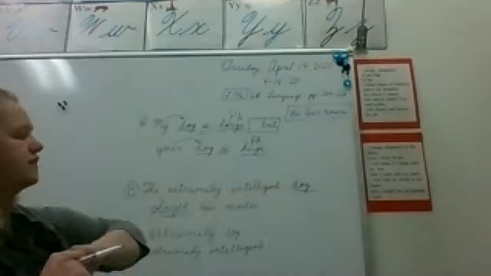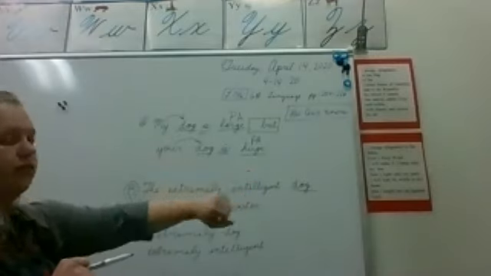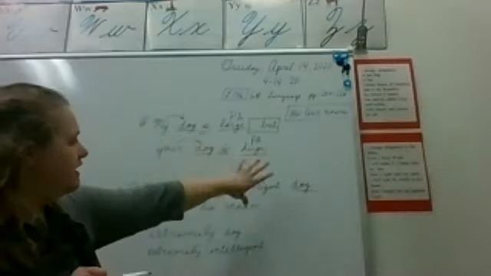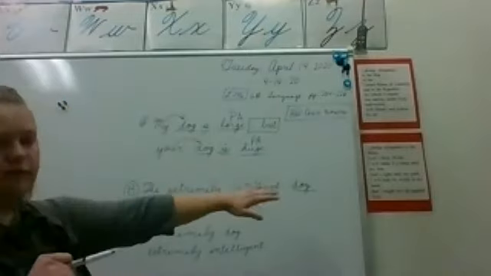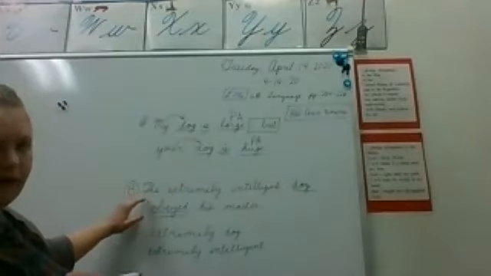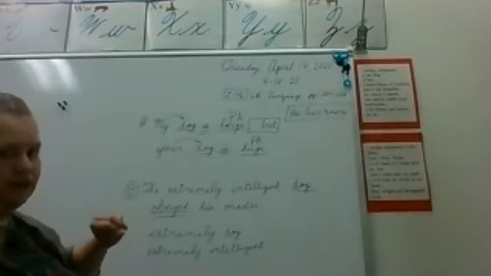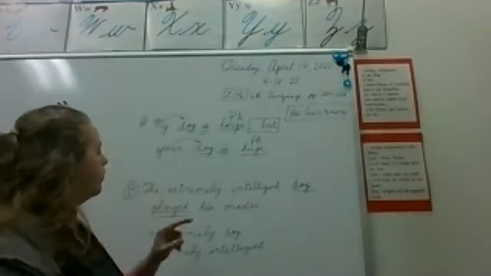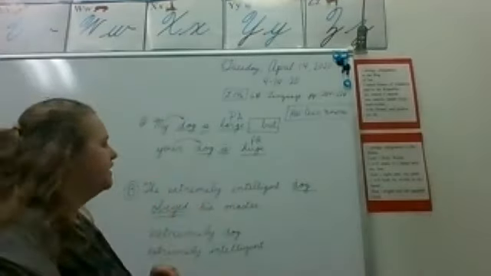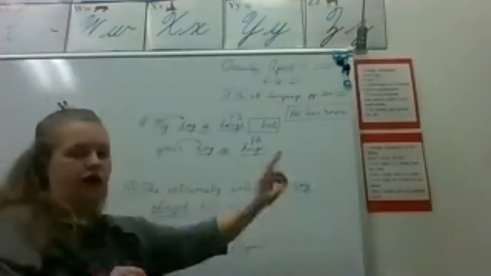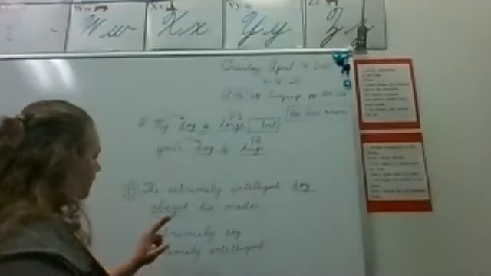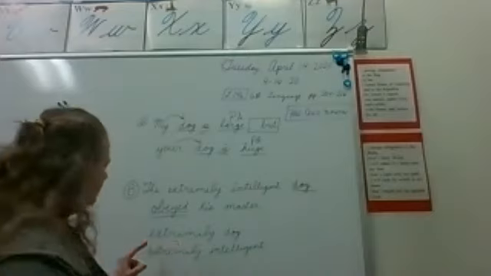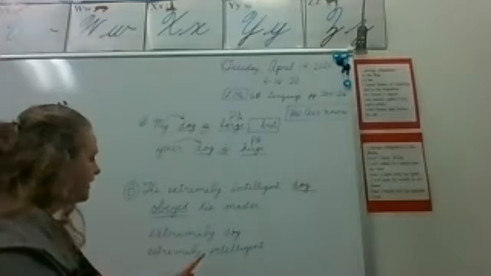We have some words that describe dog, right? The extremely intelligent dog. We know that the describes dog because it's an article, it's always going to be an adjective, right? Okay, so we need to look at extremely and intelligent. Does extremely describe dog? Let's put them together. Extremely dog. Does that sound right? Or does it sound better to say extremely intelligent?